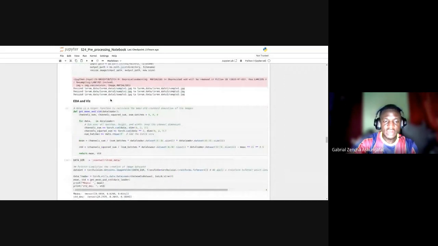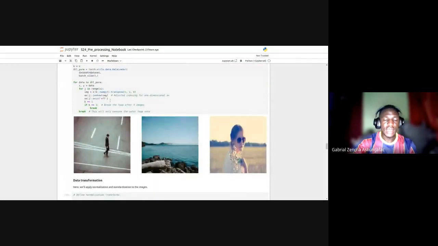Next up, after resizing our images, we would actually want to see how our images look. The reason being that sometimes we might have wrong images inside of our dataset.